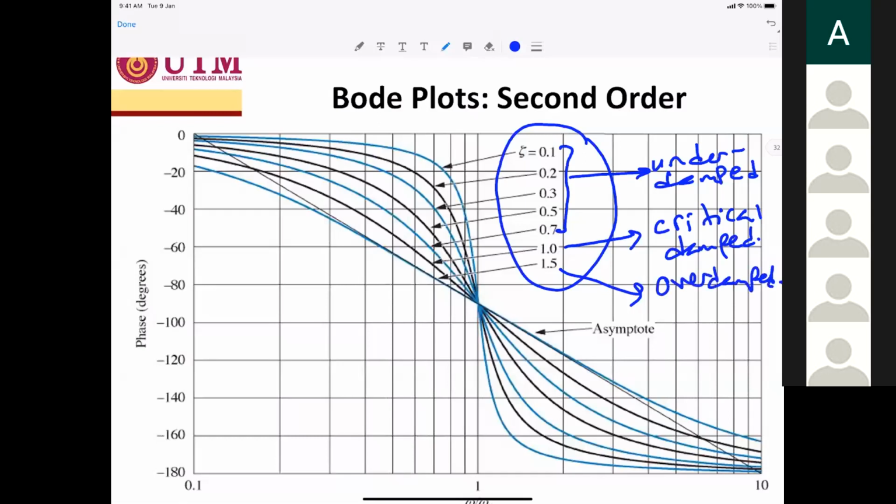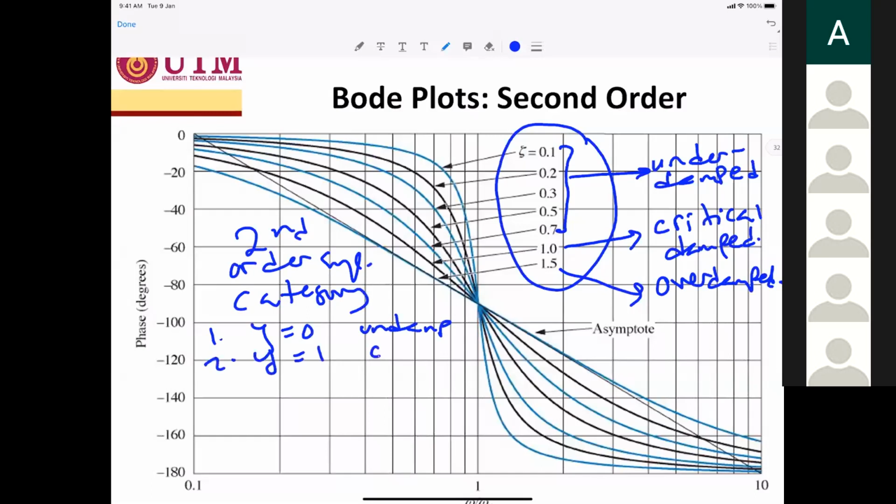Okay. So second order system categories. Number 1, zeta is equal to 0. Number 2, zeta is equal to 1, critical.